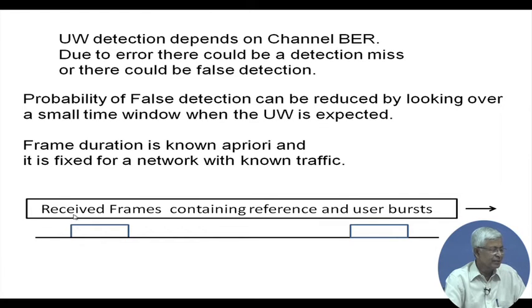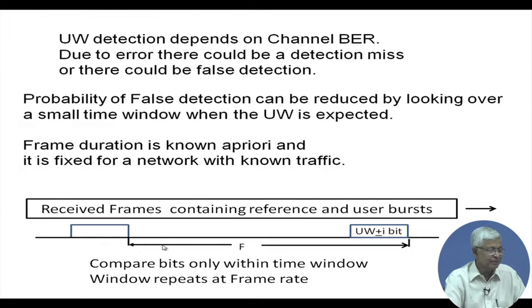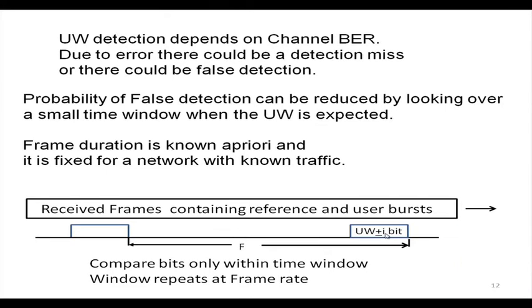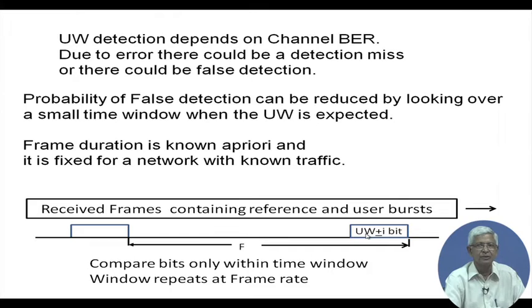Pictorially, it is shown that received frames contain a reference burst and user bursts, and there are some apertures open. These apertures are the frame time, the number of bits in the frame, and the aperture will be slightly larger than the Unique Word bits, that is, Unique Word plus minus I number of bits. That I number of bits is important to decide how long I should search, and if it is very large, there is a possibility of more false detection.